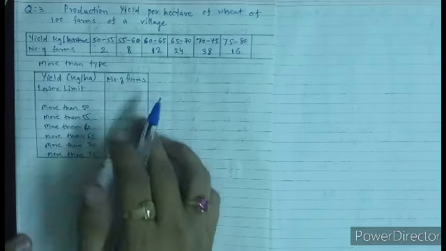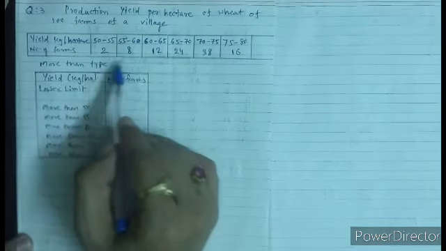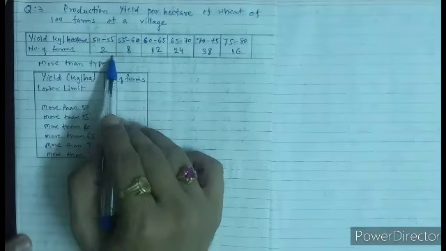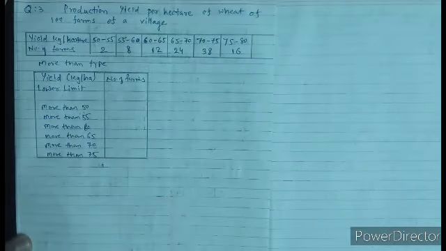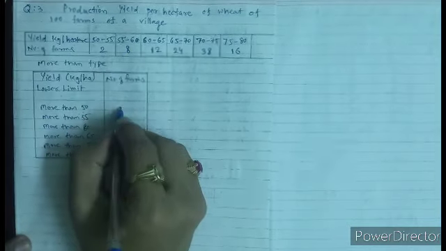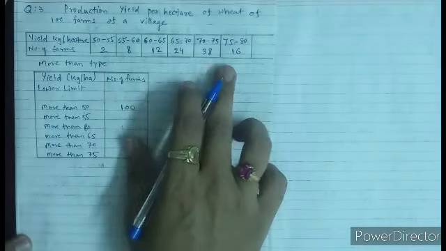Now the number of farms, more than 50. All the number of farms have yield more than 50. So more than 50, it will be the total of all these numbers. If you do the sum of all these numbers, you will get 100. So more than 50 kilogram yield, number of farms is 100.